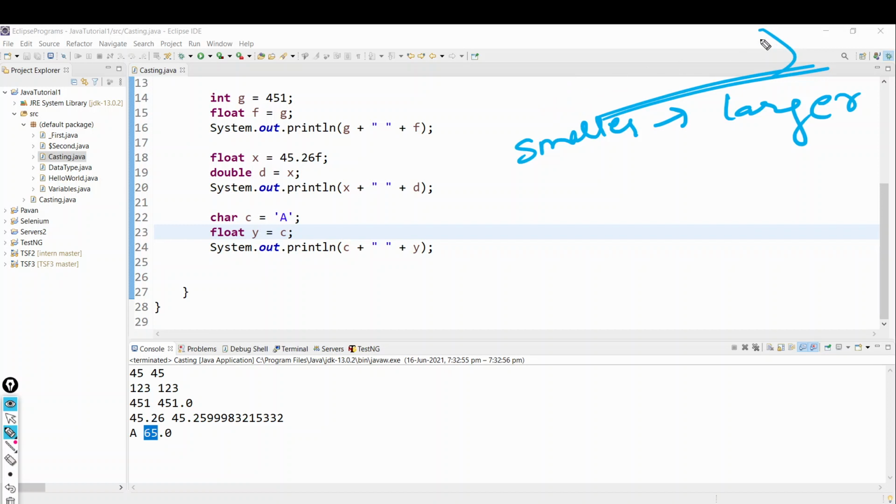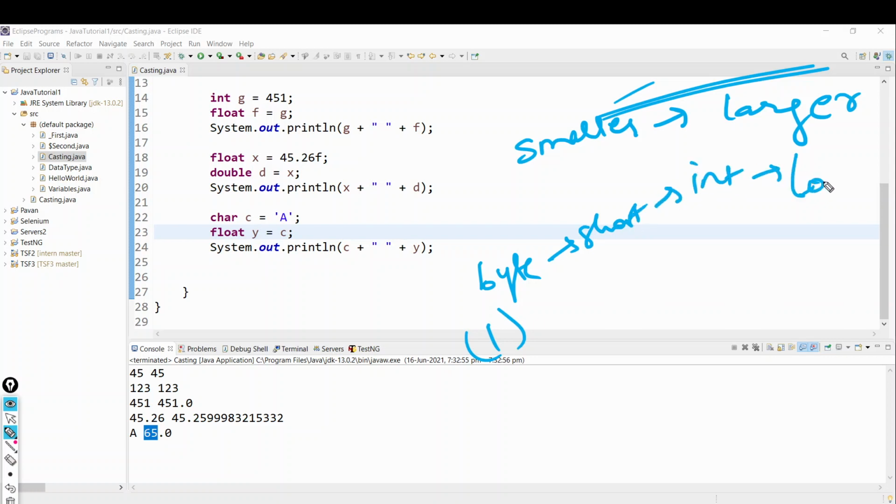So what was the flow? Byte, that was 1 byte, to short, to int, to long, to float, and to double.